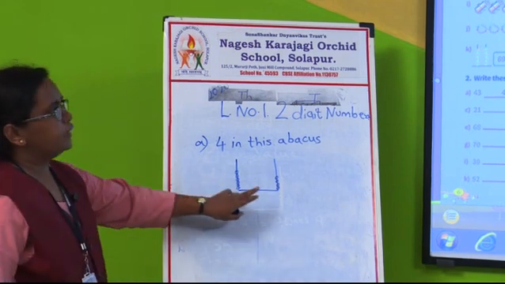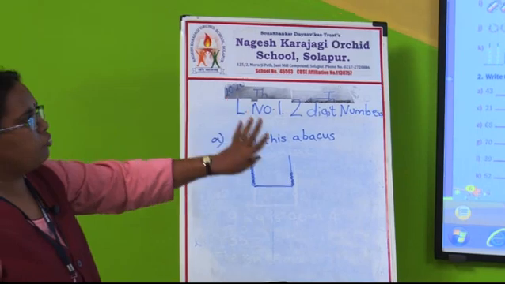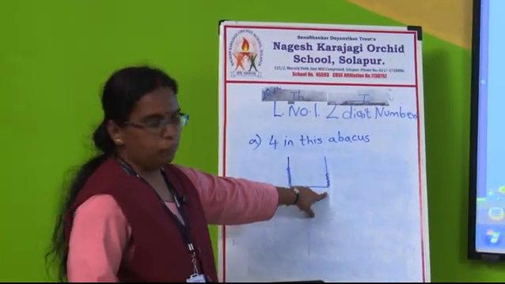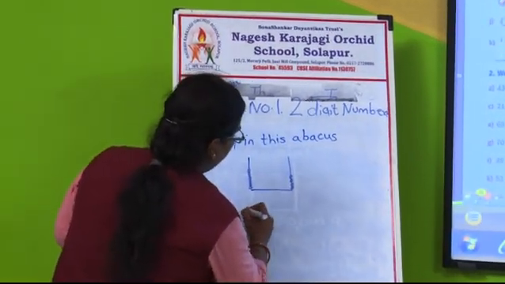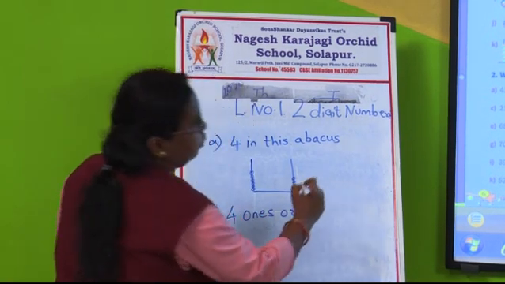Now this is 64. You want to show only the place value of 4. 4 is in the ones place, so the place value is 4 ones, or 4.